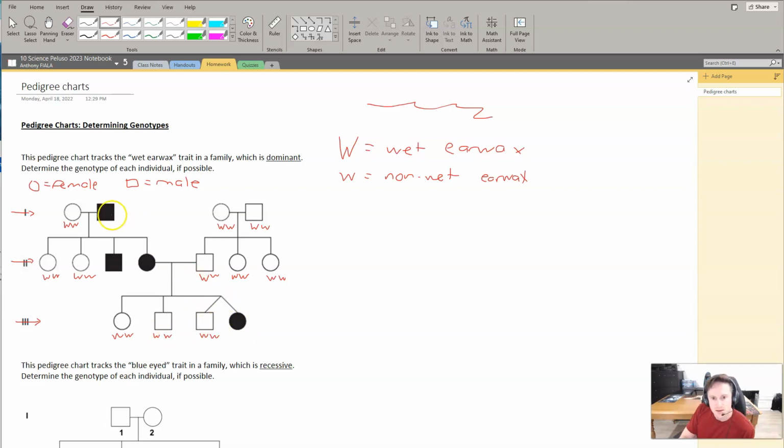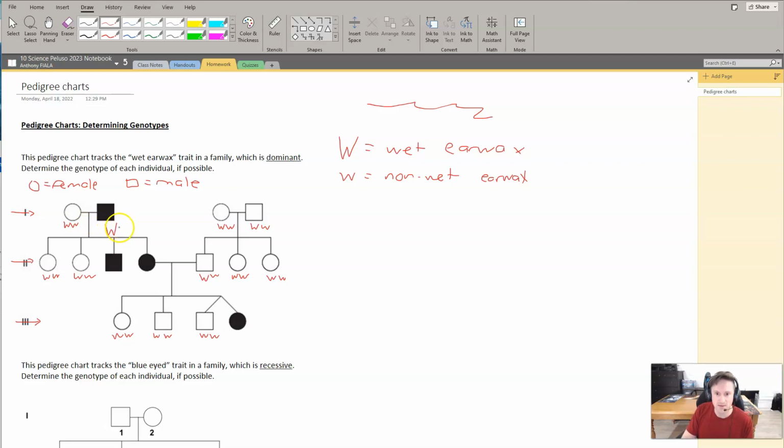Okay, so now where can we go from here? So this person here, I know that they are homozygous. Oops, I don't know that. So this person here can be either homozygous dominant or heterozygous. We don't actually know. Actually, we do know.